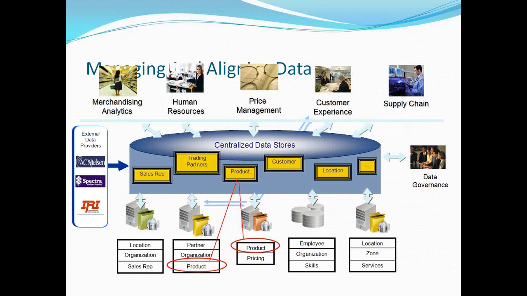There is a similar example here, where product data or customer data is maintained across disparate systems, and on top we have applications which want to access that data. If they access the data directly, they will get a different view of it because it might not be exactly the same.